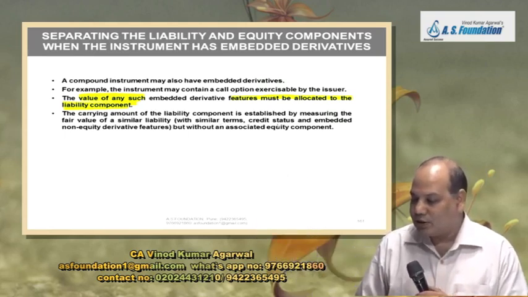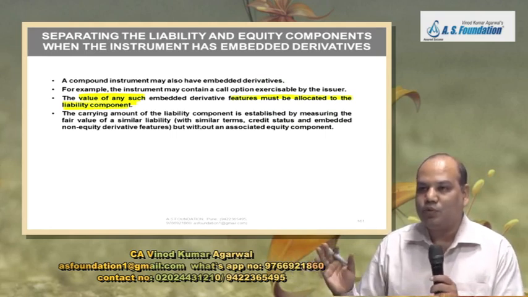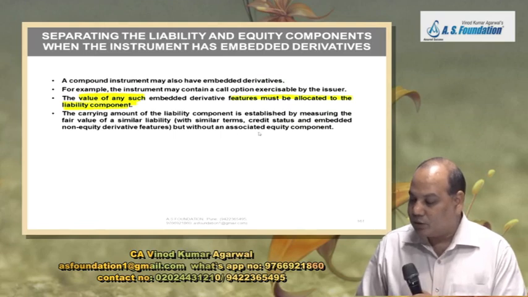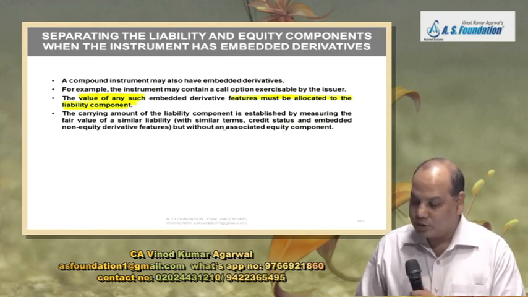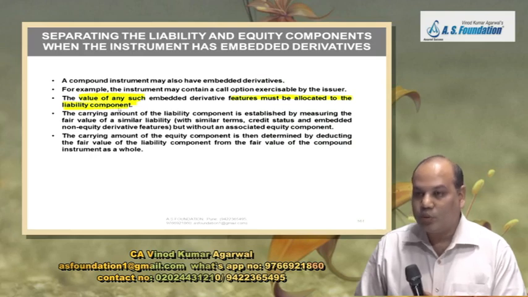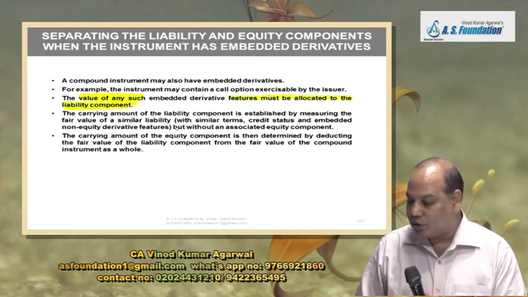So take that as a discount rate and find out what would have been the value of the liability, but without any associated equity component. So we got the value of liability. After getting the value of the liability, we are going to adjust the call premium. The carrying value of the liability will be adjusted for call premium.